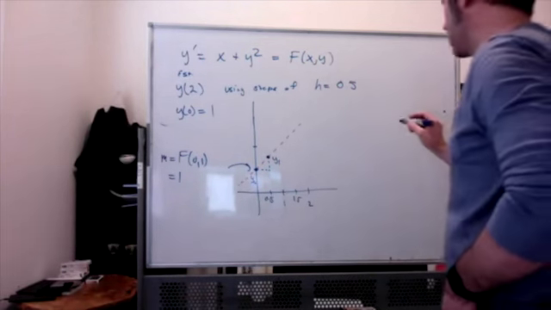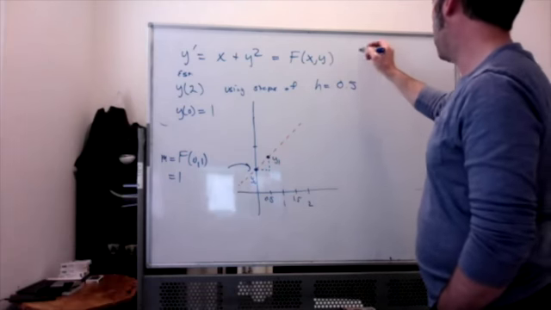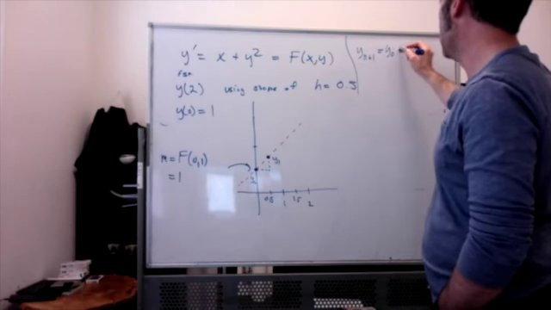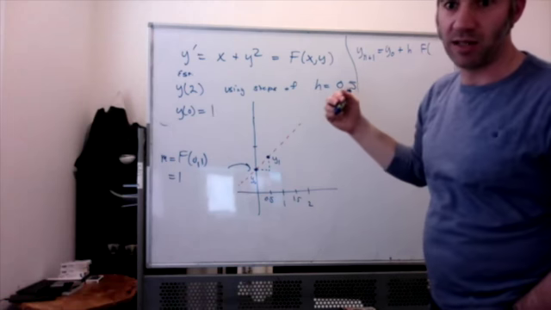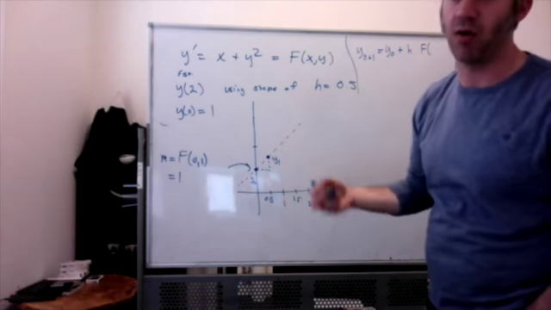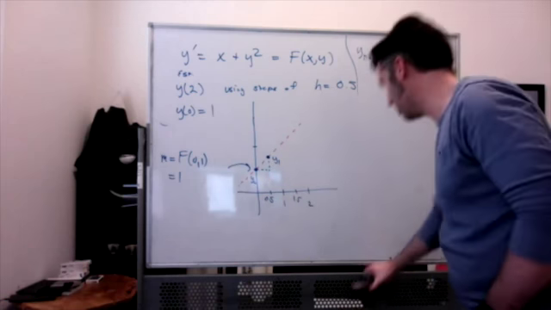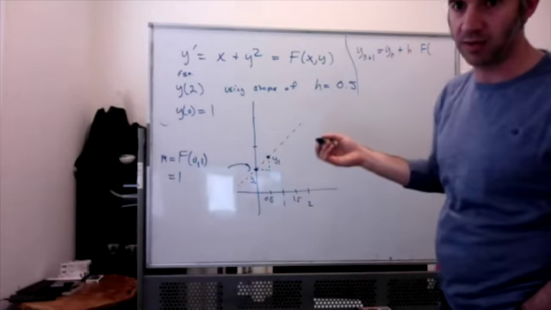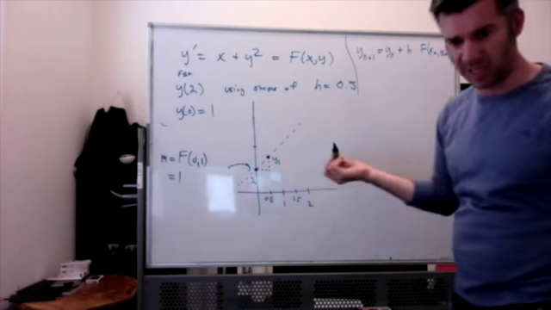Now the way we actually calculate that is by doing this equation, which I could never remember. It's y sub n plus 1 equals y sub n plus h times f of x_n, y_n, or t if you're using t's.